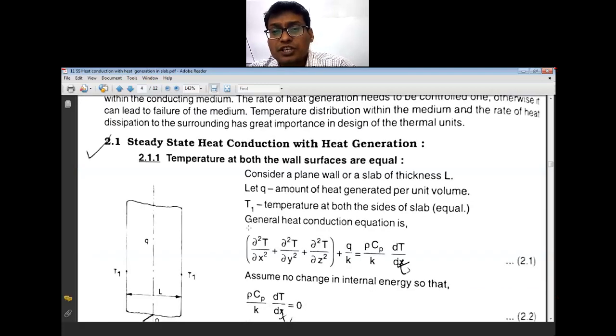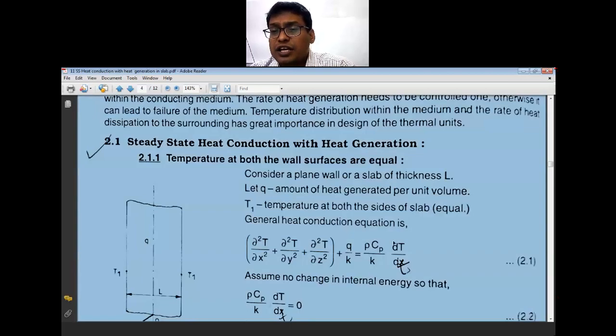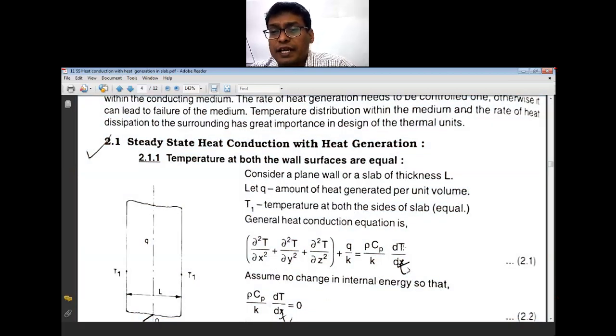This is my general heat conduction equation, given as the temperature differentials in the x direction, y direction, z direction, the heat generation term, and the unsteady state term, dT upon dt.